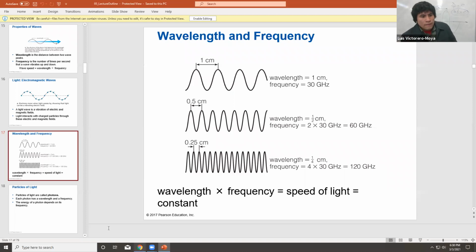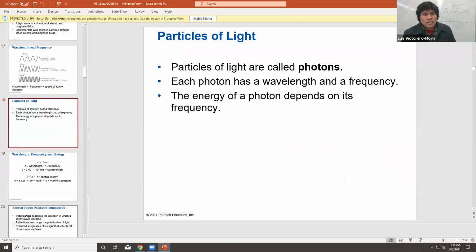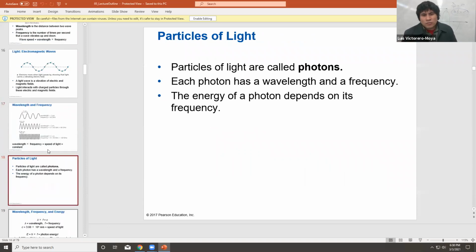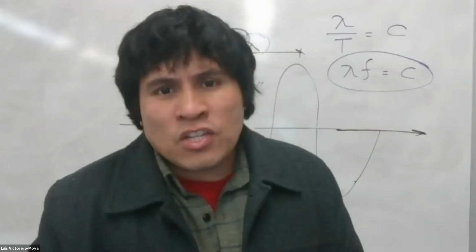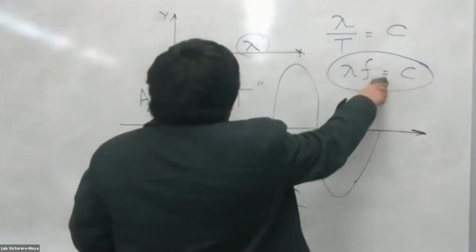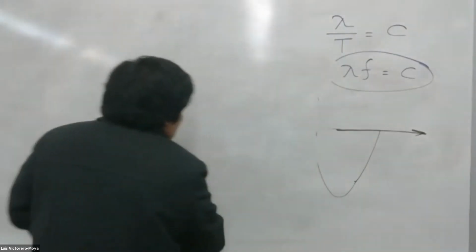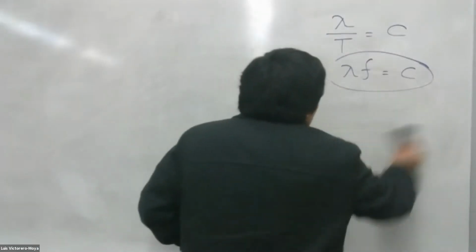Okay. Now, the particle of light is a photon, and we can measure the energy of the photon. So here we have another equation. Let me show you how we measure the energy of light.